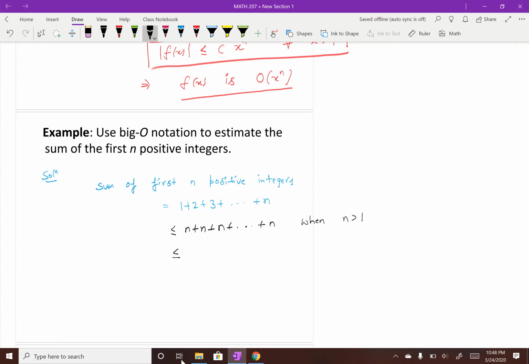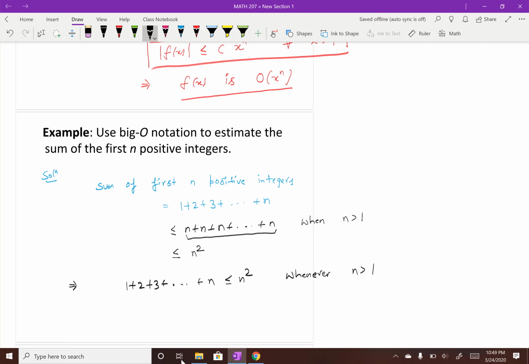If you add those n number of times, this is basically equal to n squared. So 1 plus 2 plus 3 all the way up to n is less than or equal to n squared whenever n is greater than 1.